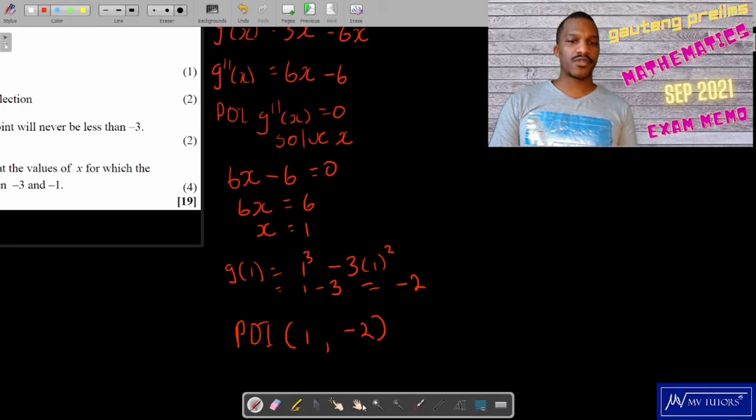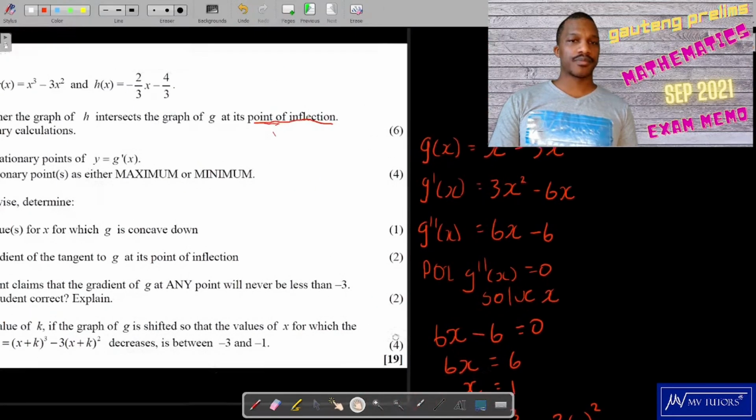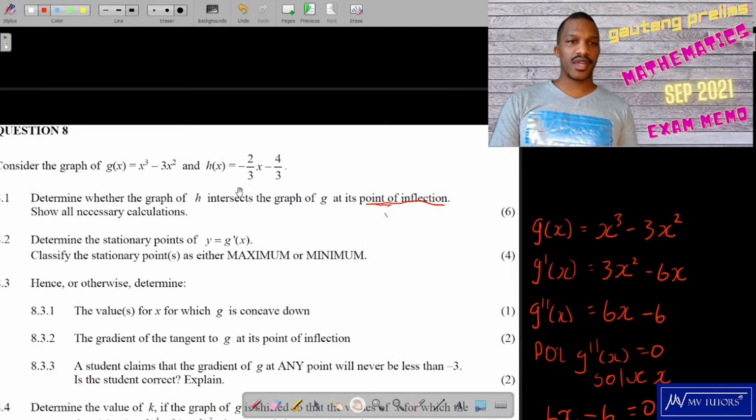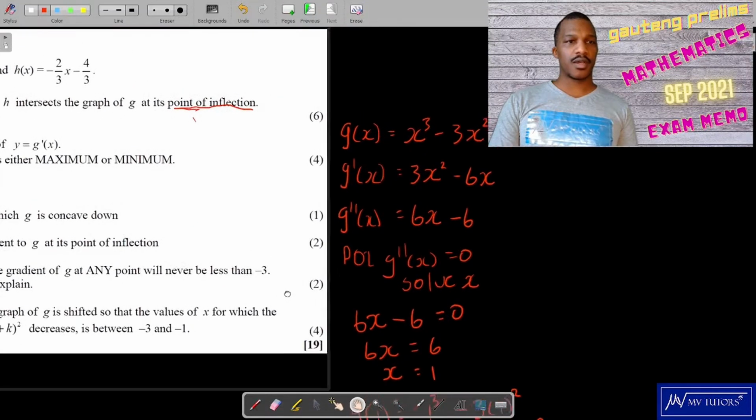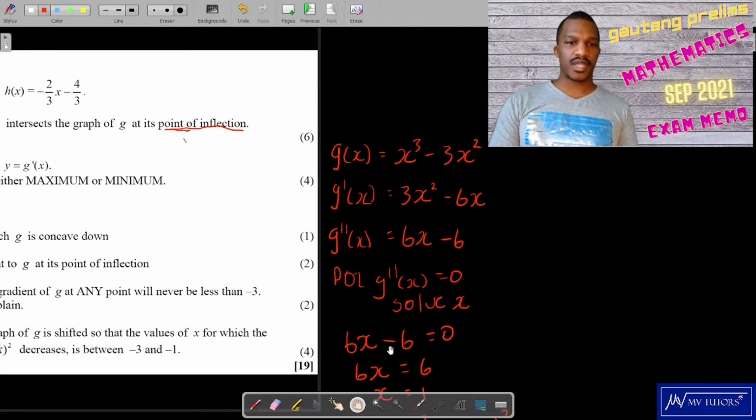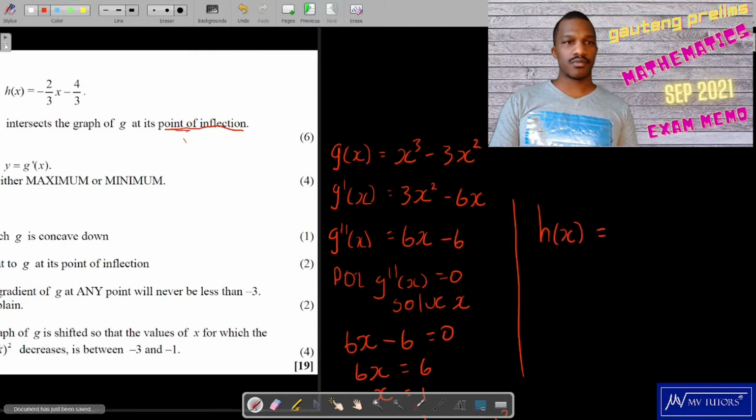So what we have to do now is grab the equation of h of x. Now my h of x is equal to minus 2 over 3 x minus 4 over 3.